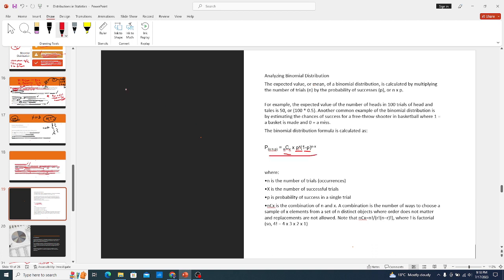We are trying to check the probability of x successful trials, given n, the total number of trials, and the same probability in each outcome.